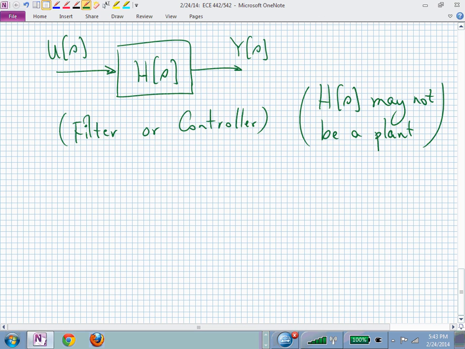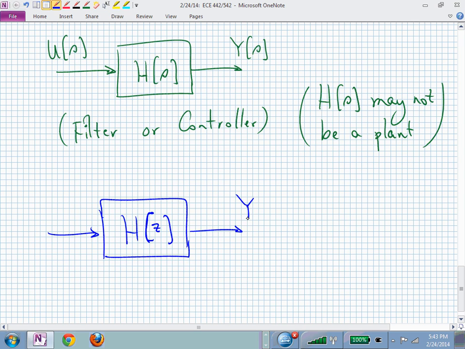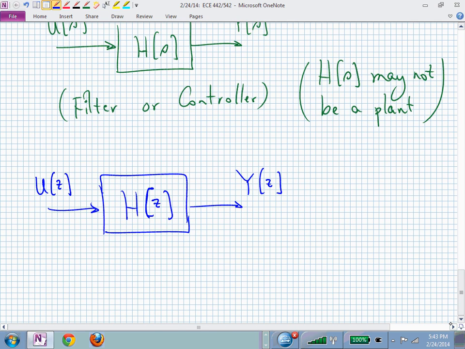And we want to produce now a discrete equivalent of that H of S so that now we have this relationship from an input U to an output Y, and I hope that it's clear that if you really need to find Y, you know that it's H times U in the frequency domain.